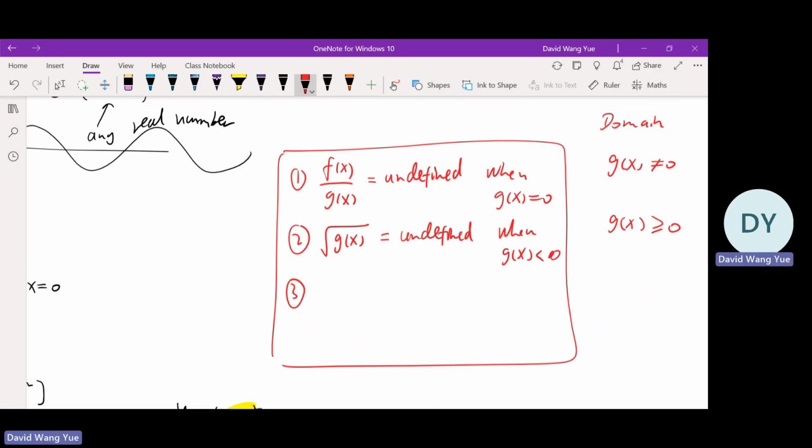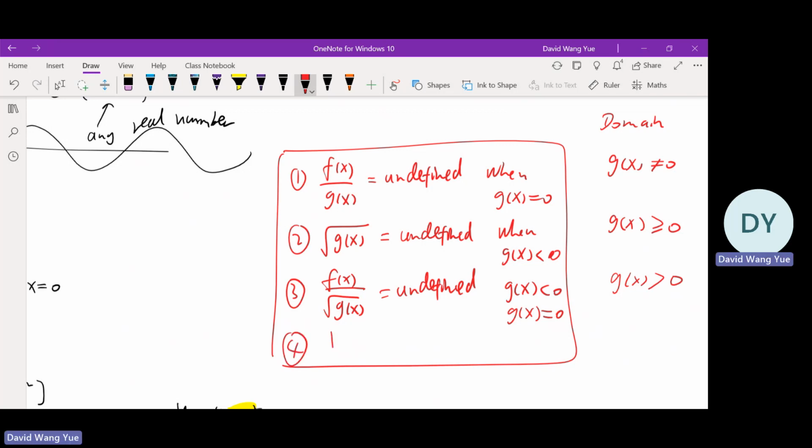Number 3, this one is a bit special. If f over the square root of g, this one is undefined when g(x) is less than 0, so no root, or when g(x) is equal to 0, then the denominator becomes 0. So in this case, g(x) has to be not only more than or equal to 0, but more than 0.